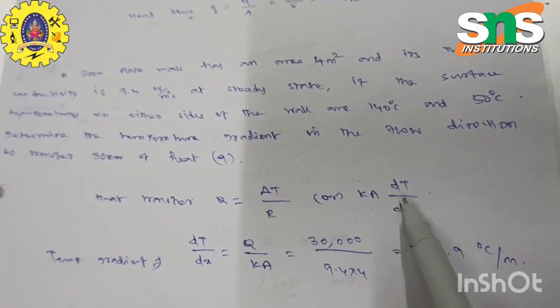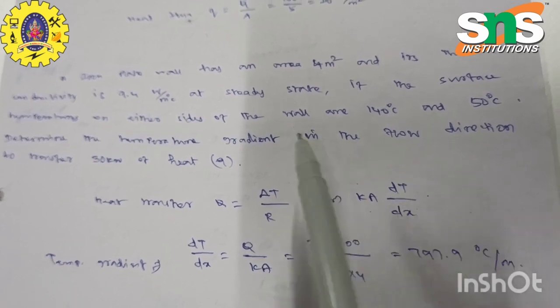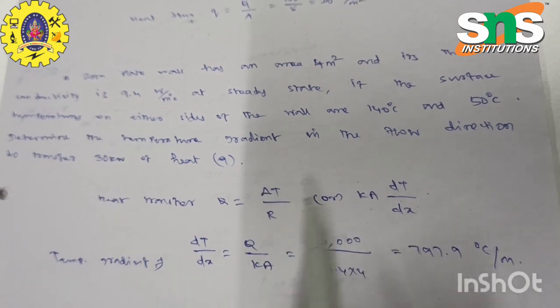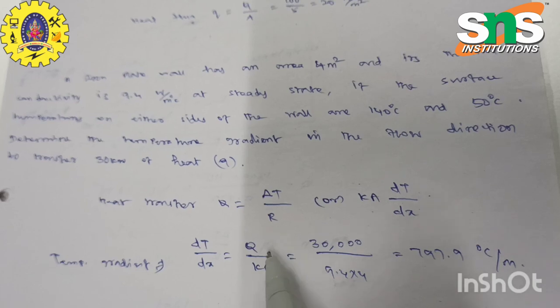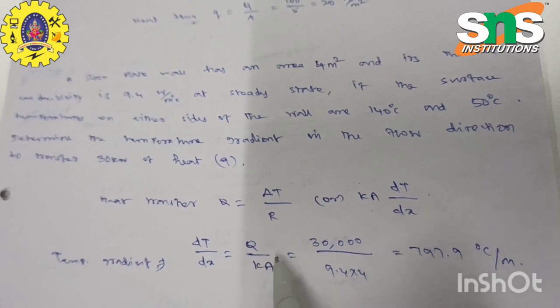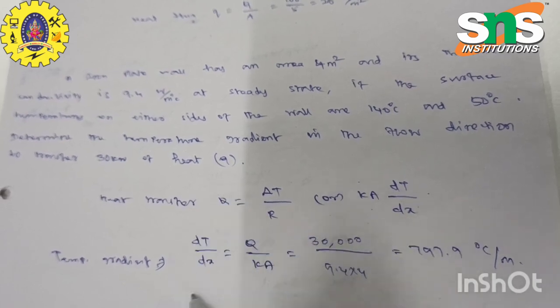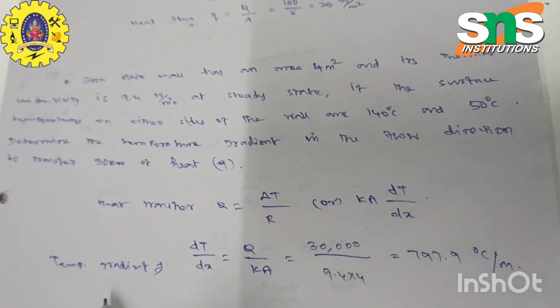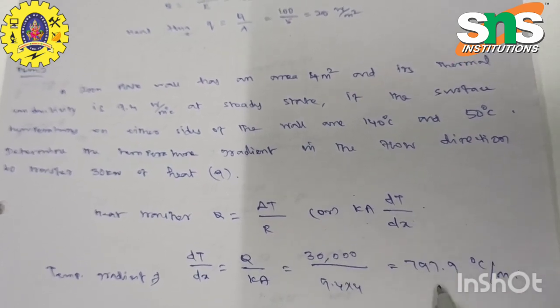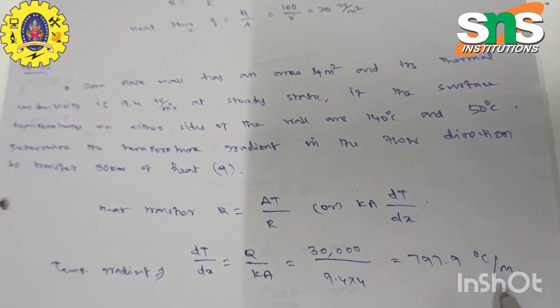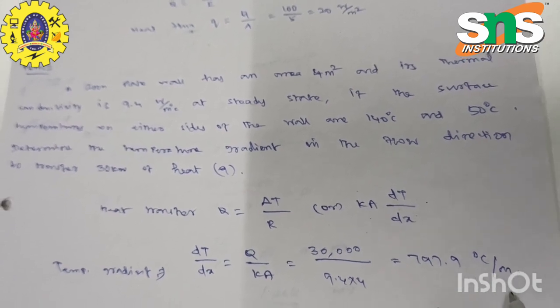We rearrange this equation to dT by dx equal to Q by KA and substitute all the given data values. Finally, the temperature gradient for this problem is 797.9 degrees C per meter. Thank you.